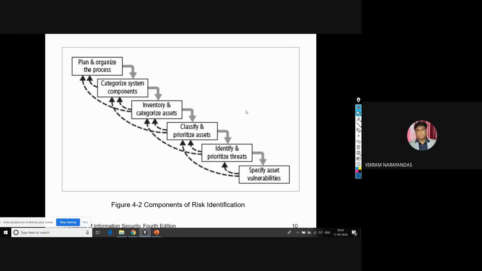An iterative process begins here, with identification of assets, including all the elements of your organization's systems: people, processes, data and information, software, hardware, network. We begin with the first identification of your assets.